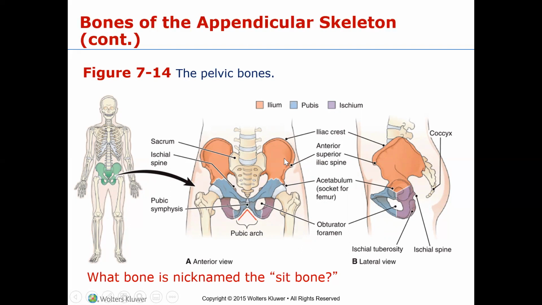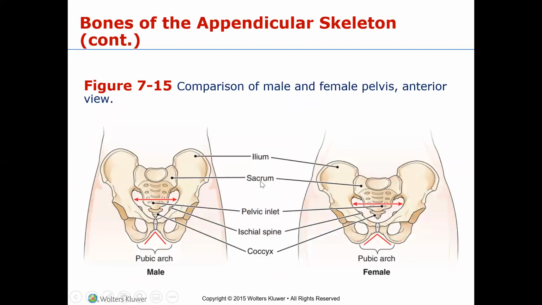Also, the ilium for the male is not as spread wide either, and as well as this area here, which is the center portion, housing the ischial spines on the back here, which you can't really see, but right here and here. But that is smaller in a male.